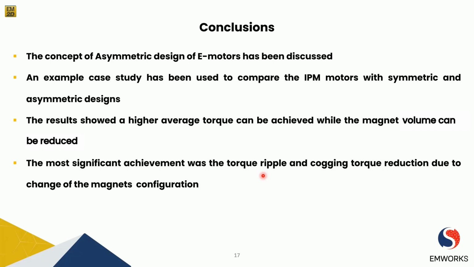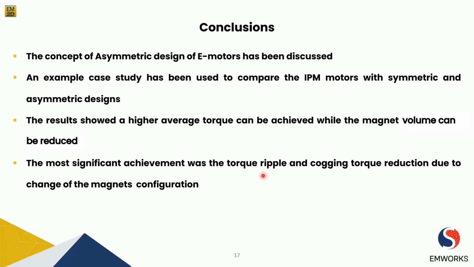And in order to demonstrate the theoretical background, we conducted an example case study using IPM motors with symmetric and asymmetric configurations, and at the end the results showed us that a higher average torque can be achieved while the magnet volume can be reduced, which is very important in terms of, for instance, creating a function like torque per dollar or torque per volume. These are very important output functions, cost functions.